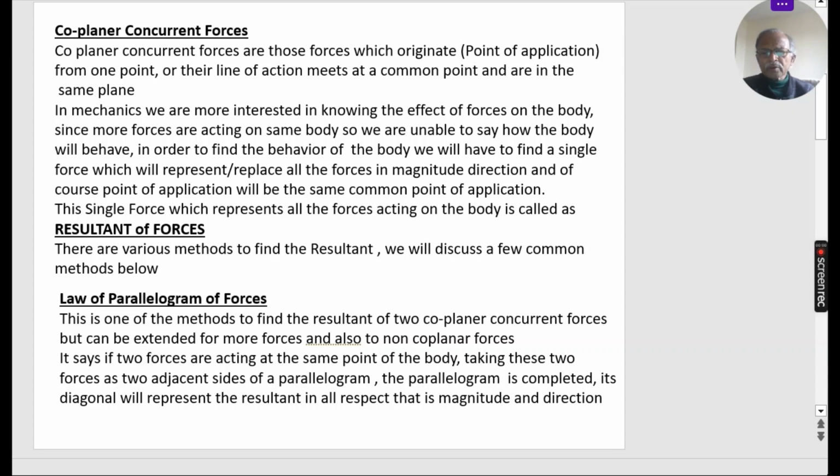If we take these two forces as two sides of a parallelogram, the diagonal of the parallelogram will give us the resultant. The length of the diagonal will give its magnitude. The angle which it makes with either one of the forces will give us the direction. However, as I have repeatedly told you, the point of application will be the same. Okay. Now, how do we draw this parallelogram?